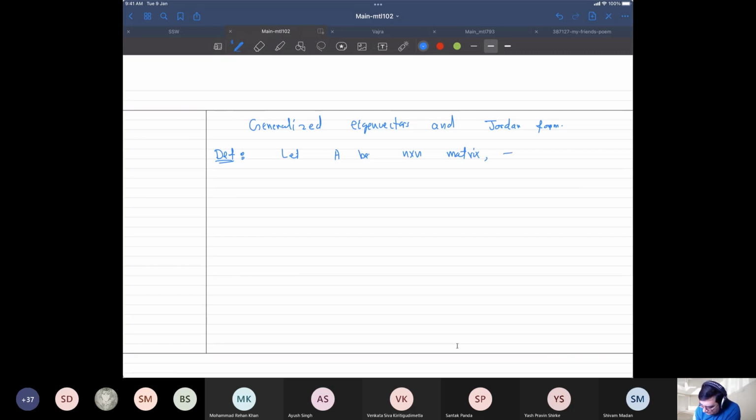Then a non-trivial vector, a non-zero vector U that solves the system (A minus lambda I)^K U is equal to 0.